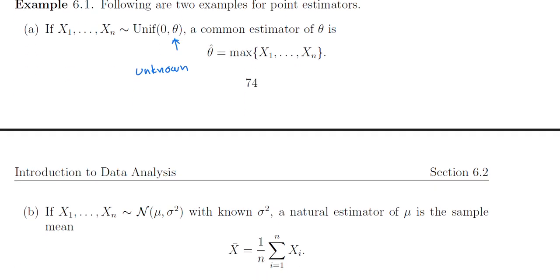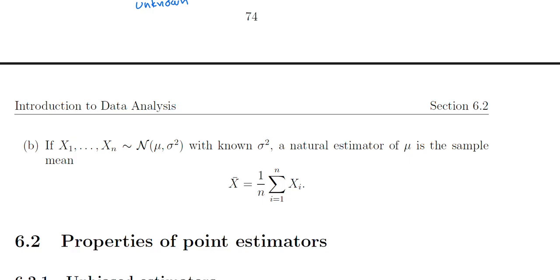Next one. Now let's say we have collected n data points from a population coming from a normal distribution with known sigma and unknown mean. A natural estimate for the population mean mu is the sample mean, X bar.